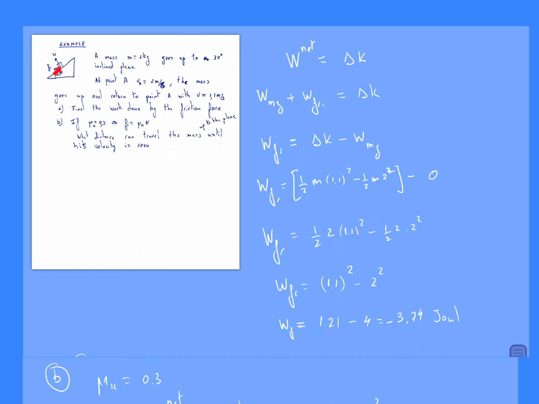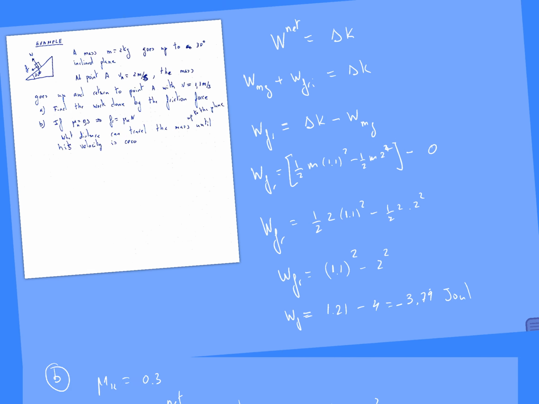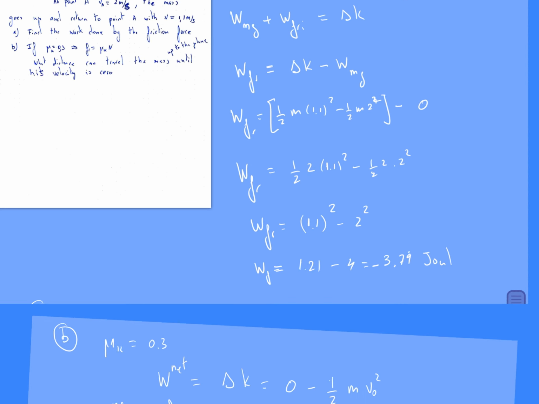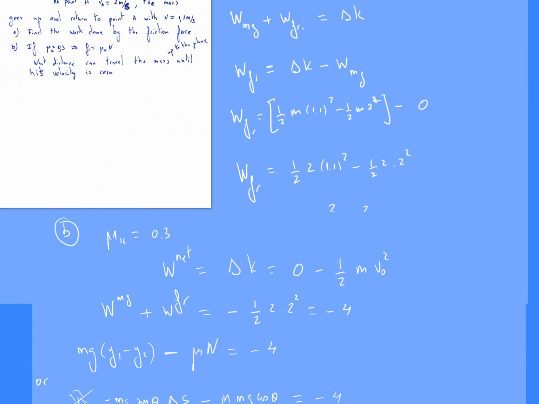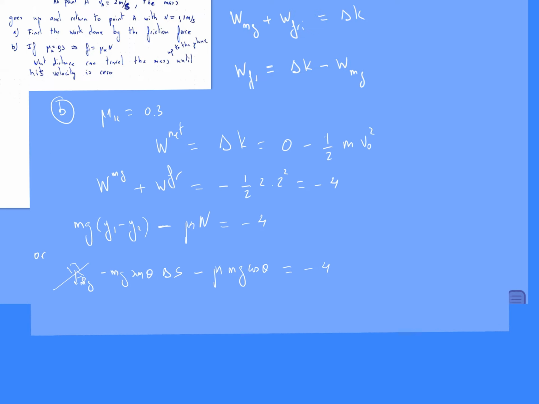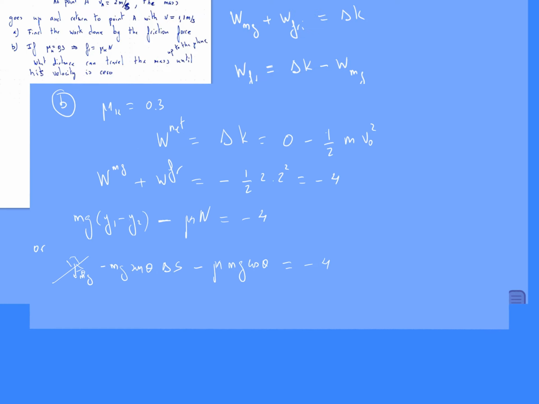So what distance will it go up until the velocity is zero? How will we do this problem? We will write the equation.